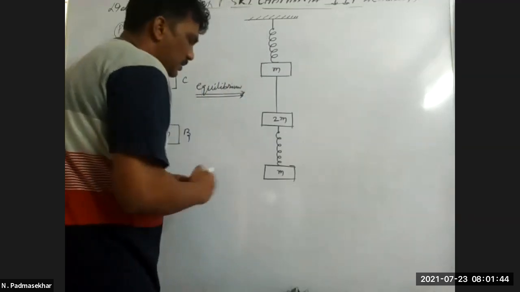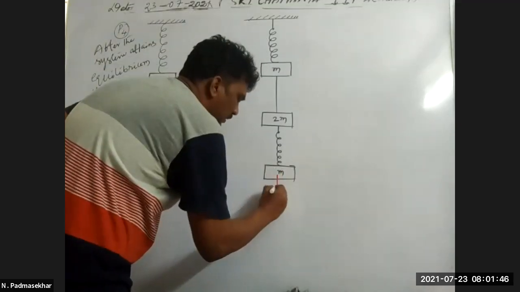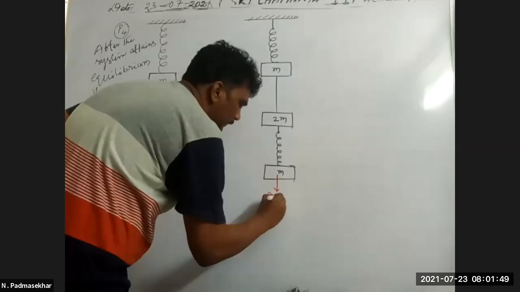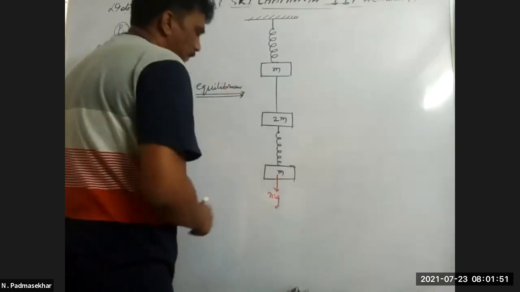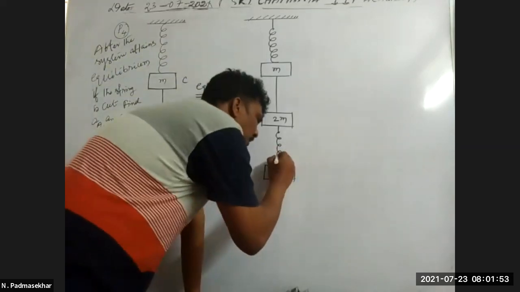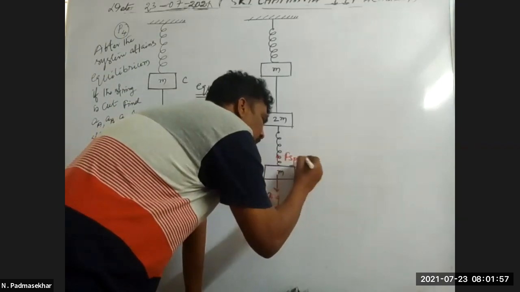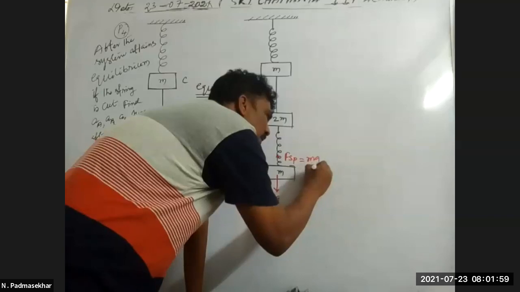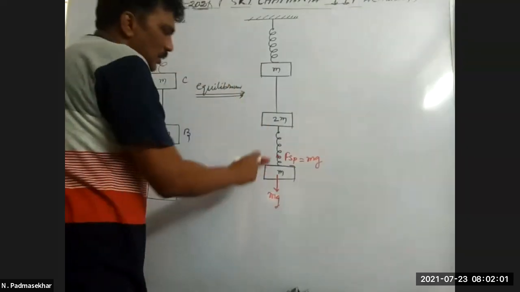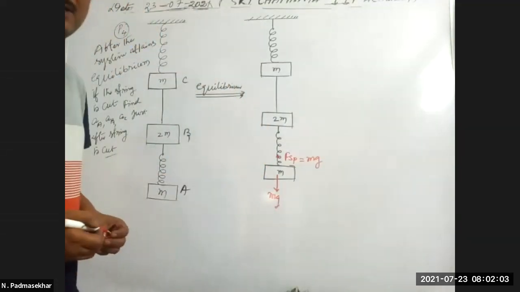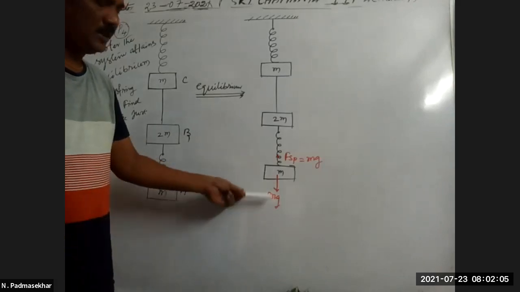So what are the forces? The weight mg is acting. So here there is a spring force, FSP is equal to mg. On this spring, the spring force is mg under equilibrium.